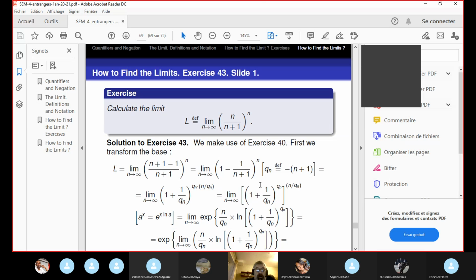We write that it will be the limit; in the numerator, n can be represented as n plus 1 minus 1. Then it is easy to see that we have the base 1 minus 1 over n plus 1.